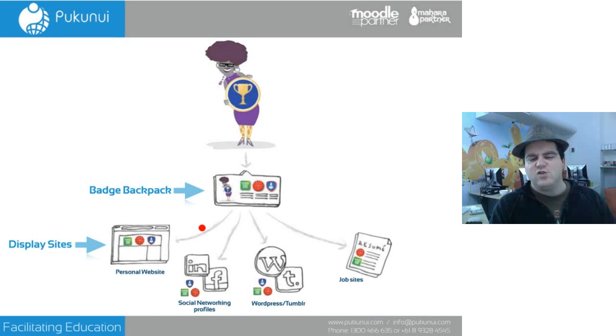Already at the moment, WordPress and Tumblr now have plugins that allow you to push open badges onto those sites. So if you have a WordPress site, you can get an open badge plugin now to have those badges pushed onto your blog, onto your area there. And again, this is where I say I'm winging it a little bit because I'm not directly involved with the project, but I know some job sites in the US have already started picking up open badges and it's starting to spread.